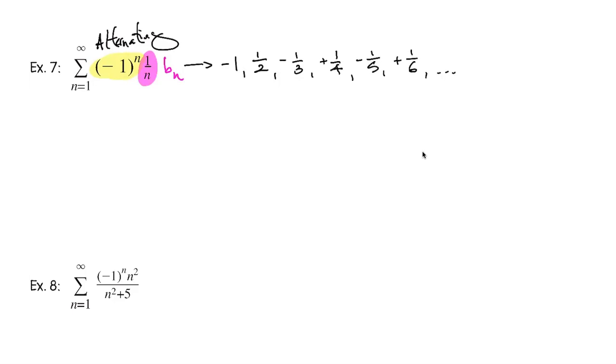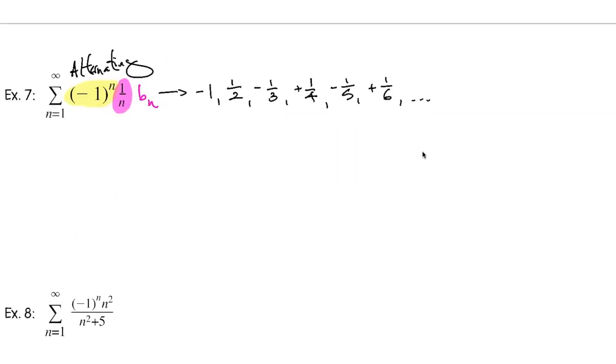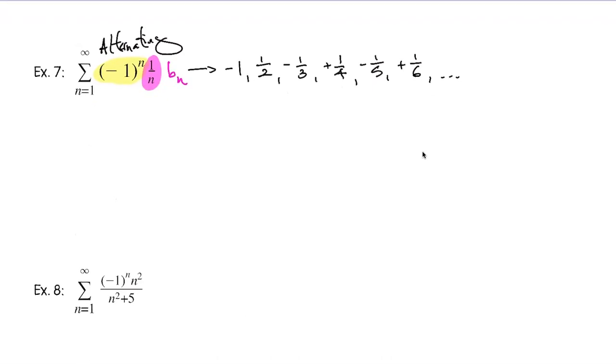So just looking at the first few terms, what do you think is going to happen with this series? Is it going to converge or is it going to diverge? Diverge. And tell me why. Because the 1 over n, if we keep adding numbers, it's just going to keep getting smaller and smaller. It's never going to reach 0 because it's negative and positive.